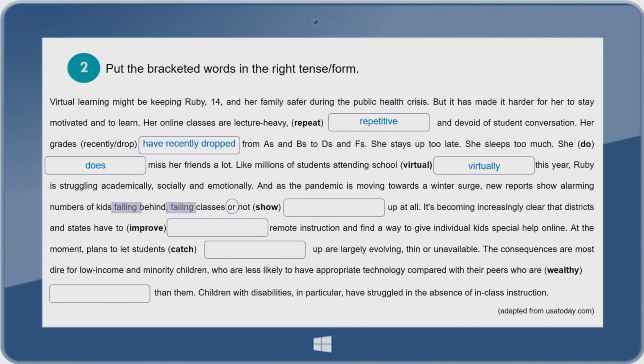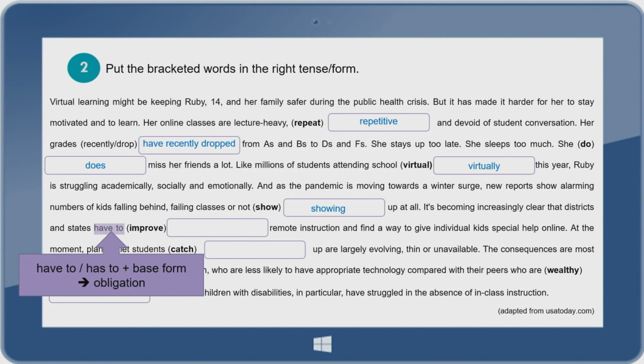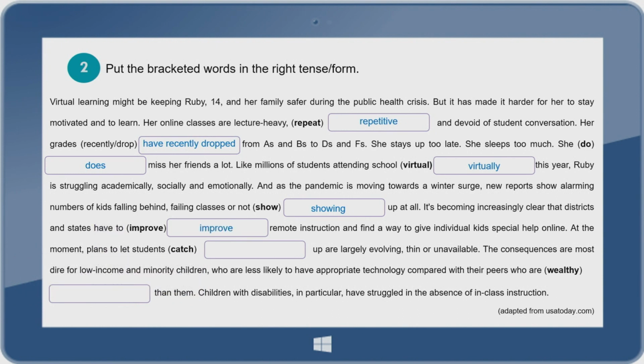So, or showing up at all. It's becoming increasingly clear that districts and states have to, when it is followed by base form, it expresses obligation. So, have to improve remote instruction and find a way to give individual kids special help online.